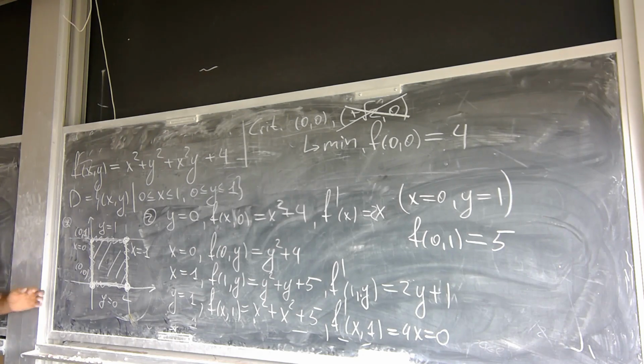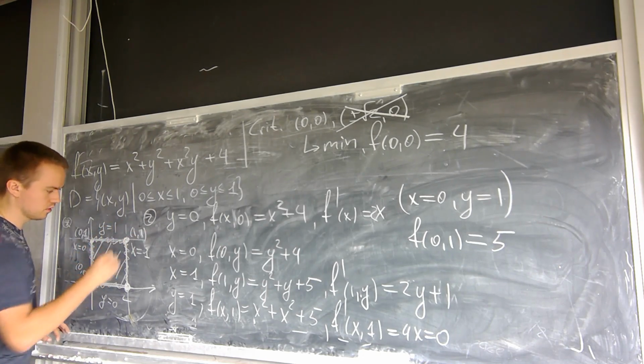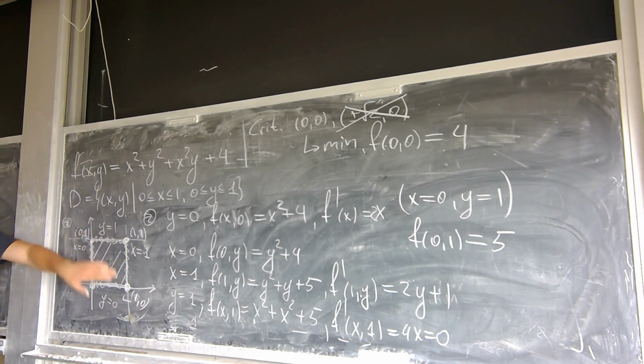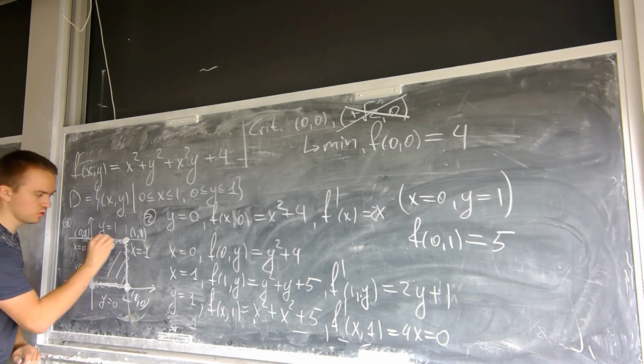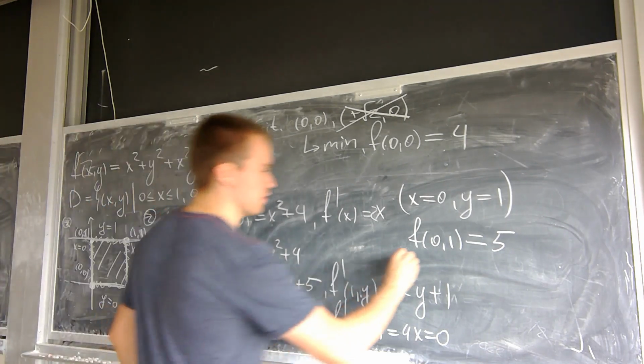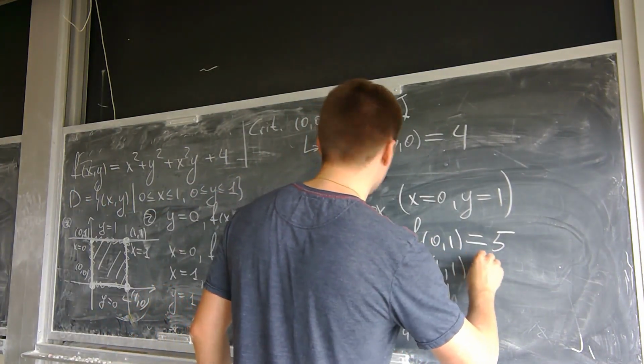So for the points 1, 1 and 1, 0, you need to plug them back in here. Do you understand why? Because when you're looking for the critical points on y equals 1, you can only detect one point. But you also have this corner point, which is not a critical point, but you need to plug it in.